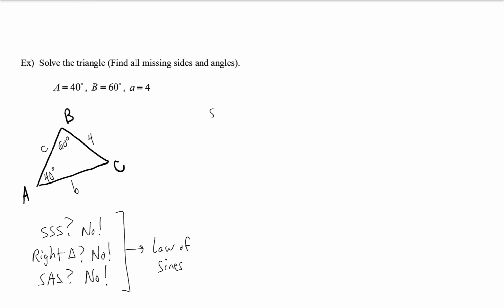So the law of sines says that if I do sine of 40 degrees divided by its opposite side, it should equal sine of another angle, in this case 60 degrees, divided by its opposite side, which is b. So if I cross multiply, I get b times sine of 40 degrees is equal to 4 times sine of 60 degrees.